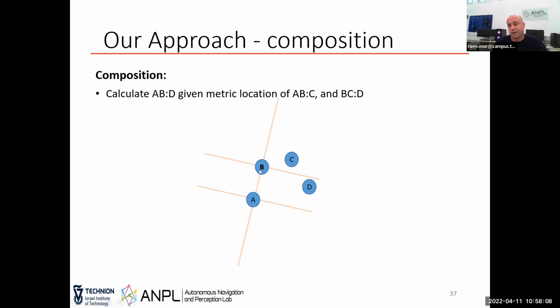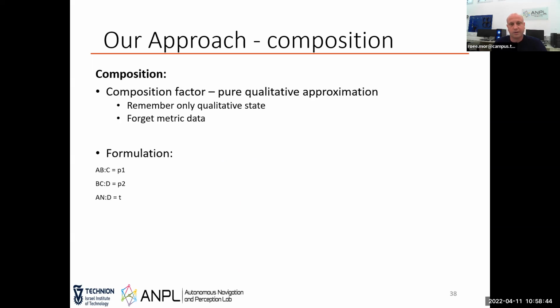Then it's very easy, we can just concatenate these transforms and get the metric location of landmark D in the AB frame. In the same way, after we have this metric location, we can also infer the qualitative state. And if we have an error, we integrate it over the different states and so on. So this is how composition works. The underlying problem behind qualitative composition is the metric composition, which is very simple.